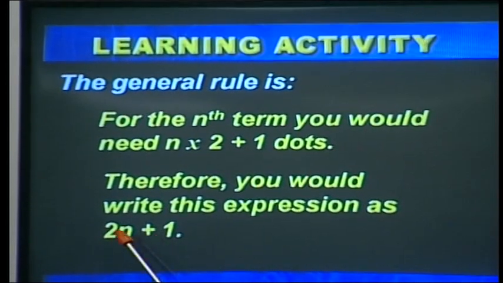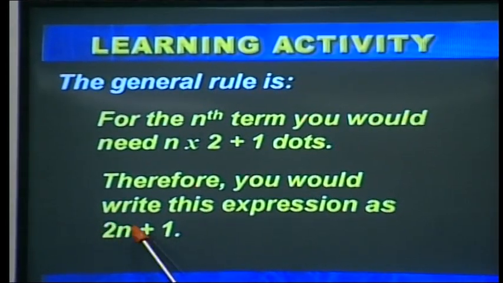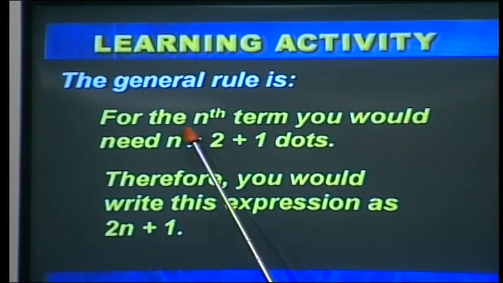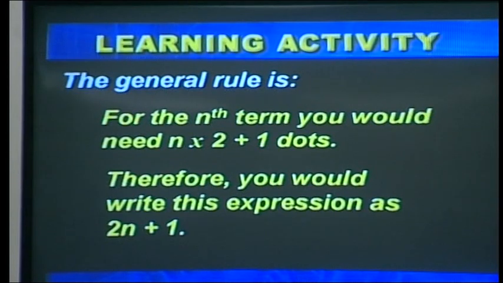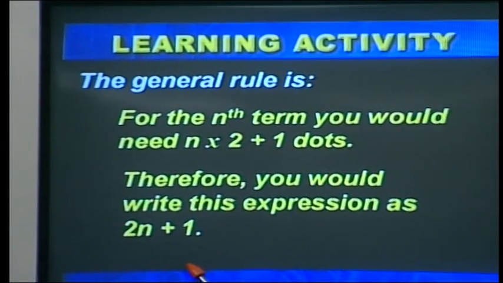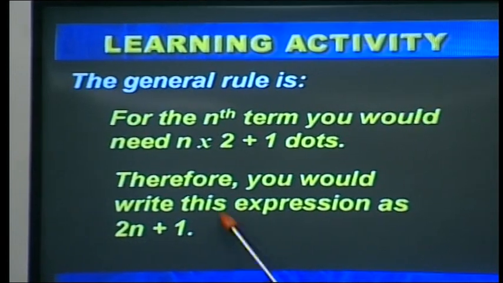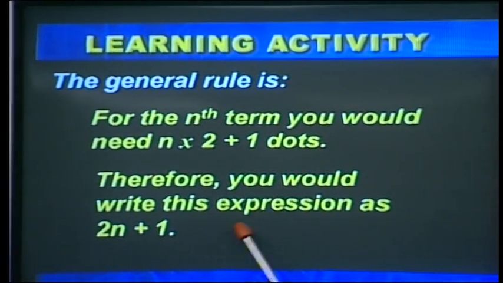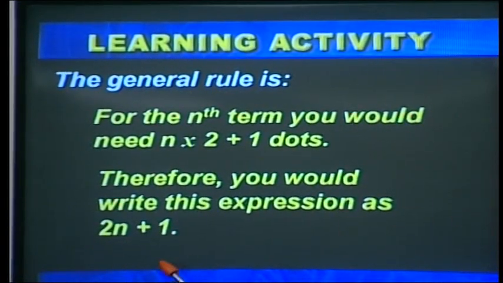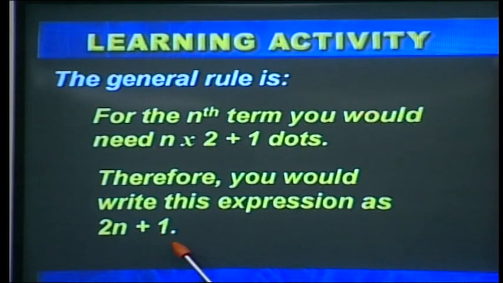What would be the operation sign that comes in between 2 and n? Okay, this is the multiplication sign. So when we are multiplying algebraic expressions, this is how you can write it. This is an example of how you can write an expression from this to this.